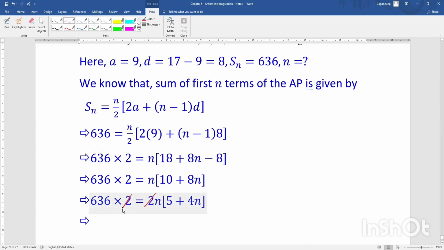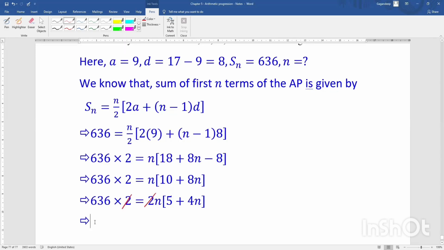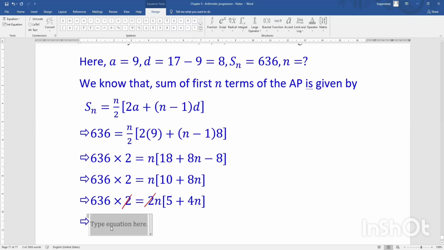Then we have 636 equals n into 5 plus 4n. Okay, children, right?